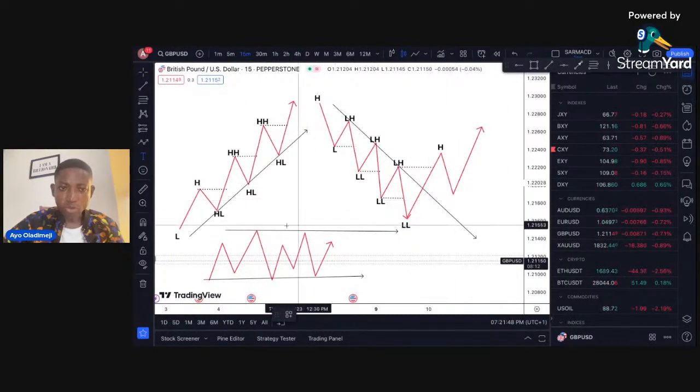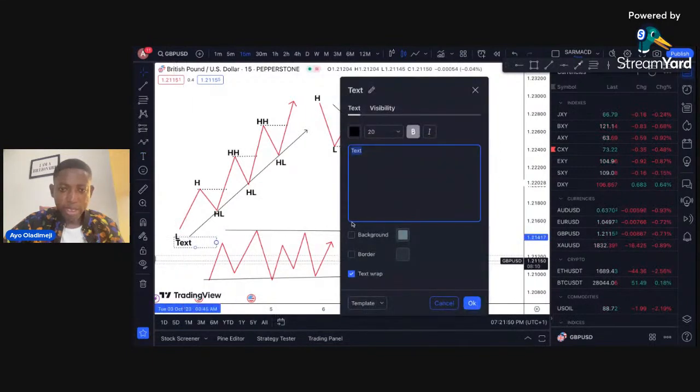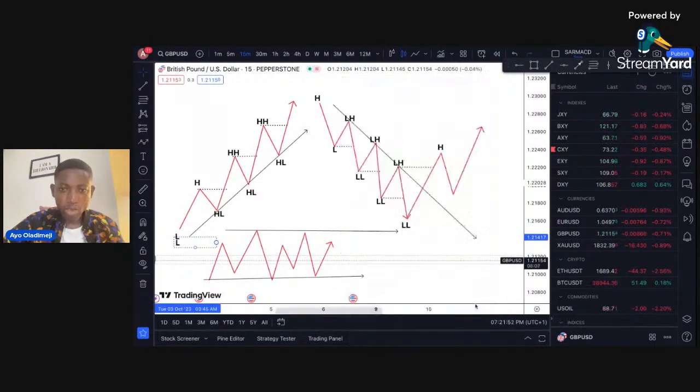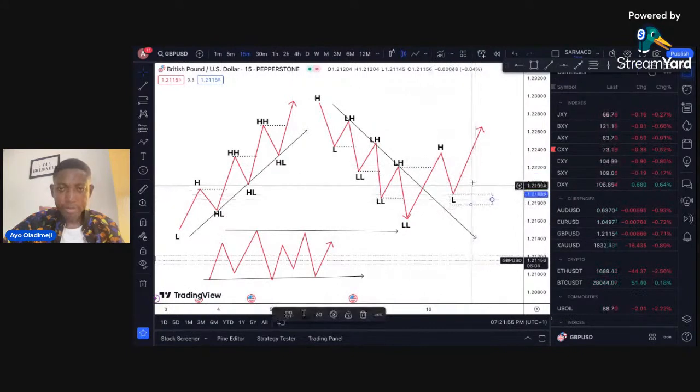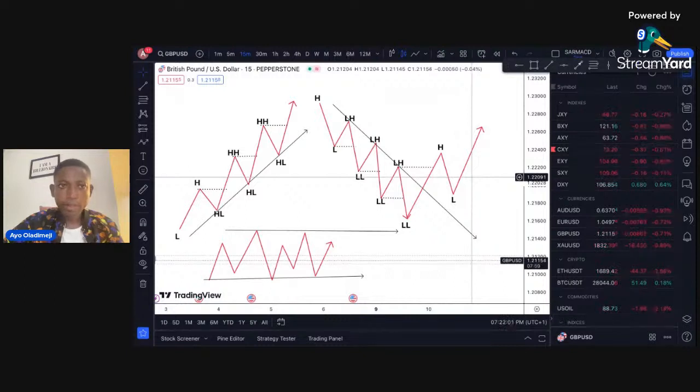Because now we have a high and then we have a low. We have a low here. We have a high and then we have a low.